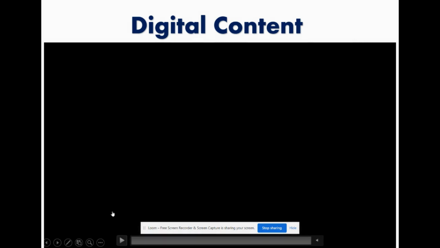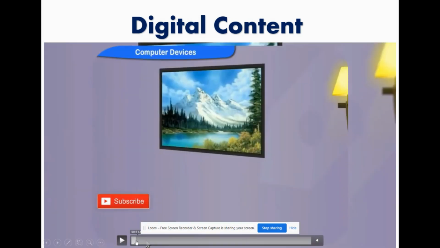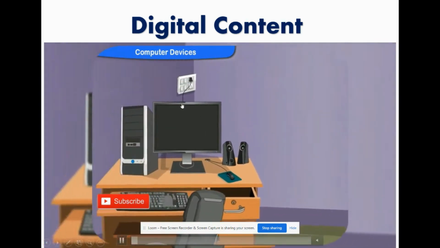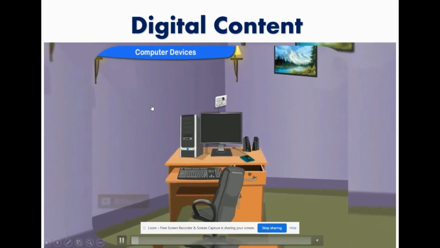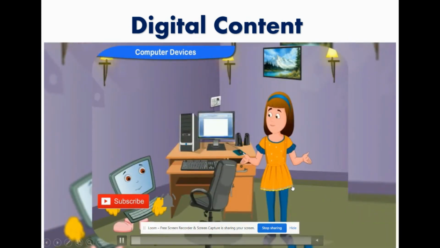Let me start the session. Now you can see the computer devices. Here, this is Mala. This is a human being.